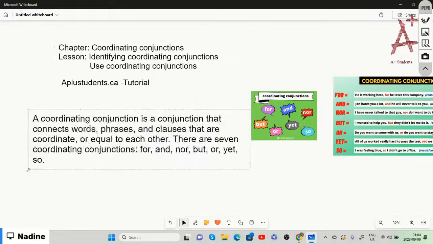All right, so a coordinating conjunction is a conjunction that connects words, phrases, and clauses that are coordinate, or that are equal to each other.